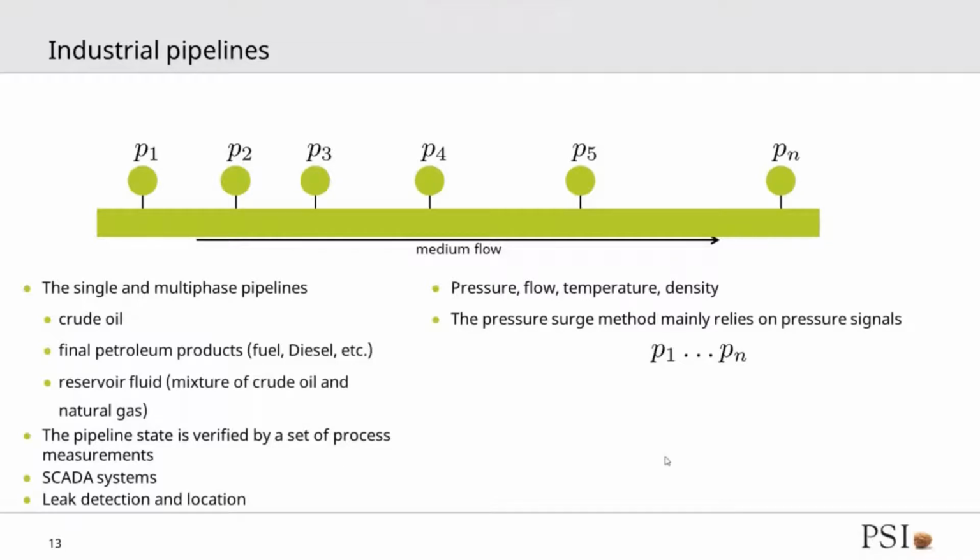In principle, one of the leak detection methods is the pressure surge method, which is pretty simple actually, because it relies only on the pressure signals, and it relies on the phenomenon which occurs when a leak is happening. So assuming that between P4 and P5 we have a leak, then an orifice, a hole, for example, is formed somewhere here.